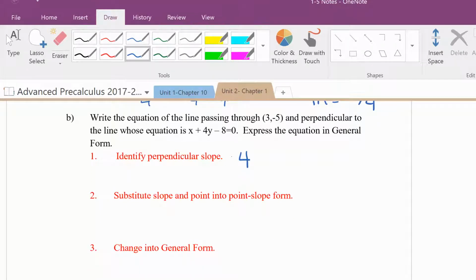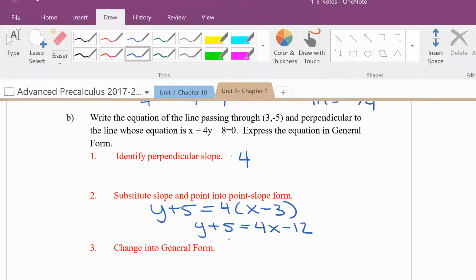So we're going to use that slope and the point, so y plus 5 equals 4 times x minus 3. And then we're going to change that to general form. So we're going to distribute. And then, because it's general form, remember no fractions, which we don't have here.